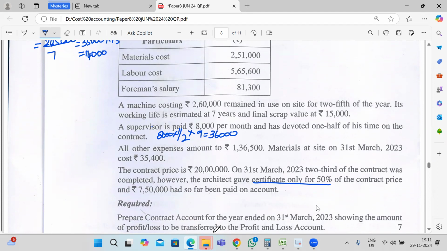So prepare the contract account for the year ended 31st March 2023, showing the amount of profit or loss to be transferred to the P&L account.